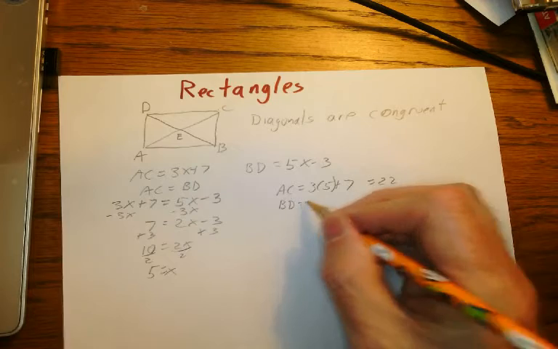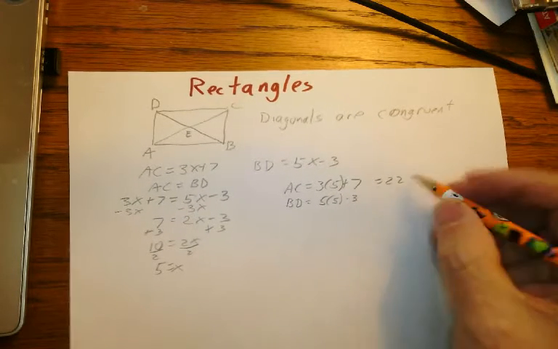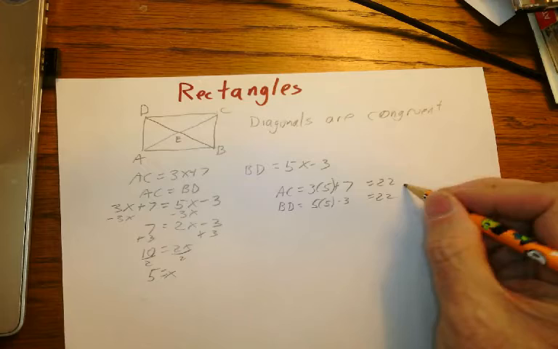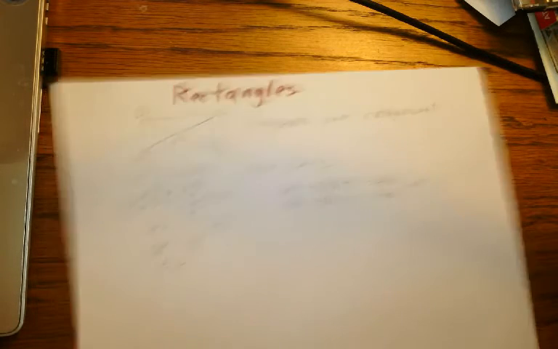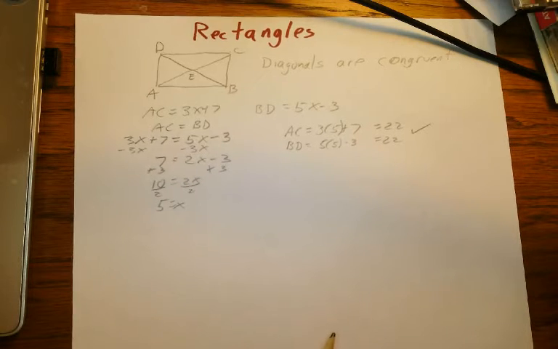BD is equal to 5 times 5 minus 3. 25 minus 3 is 22. Our problem checks out. Now, since a rectangle is a parallelogram, the diagonals also bisect each other.